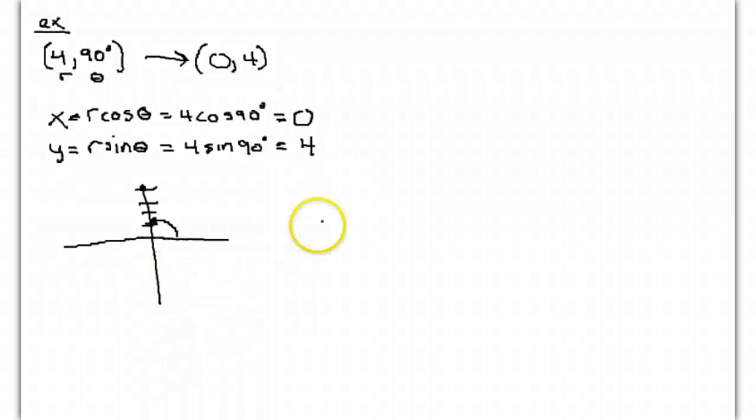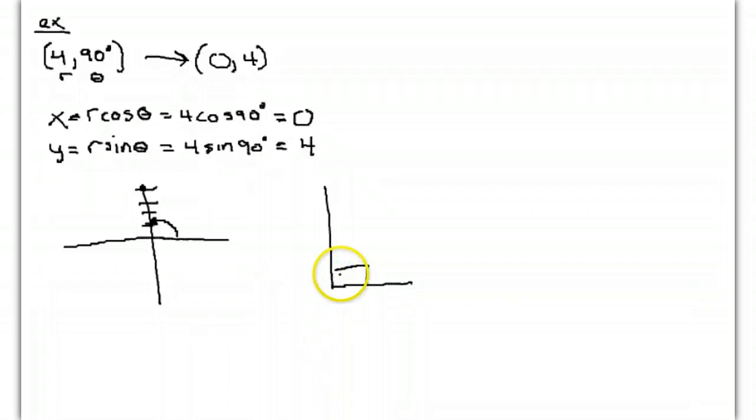Okay. So let's say 90 degrees is pretty much an L shape, right? From here, this is 90 degrees. And this is saying, okay, if it's 90 degrees, then it's going to be this line right here. And it's saying the radius of this line is 4. The length of it is 4.